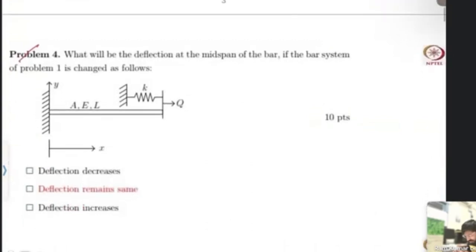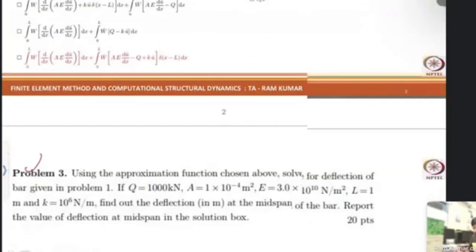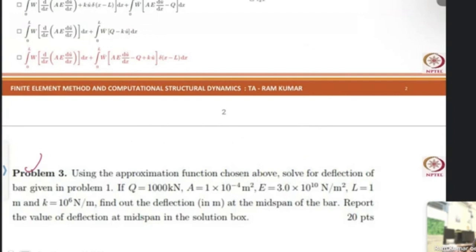So what problem are we going to solve? Still we have half an hour, so we can solve one problem. Then problem 3 we are going to solve.